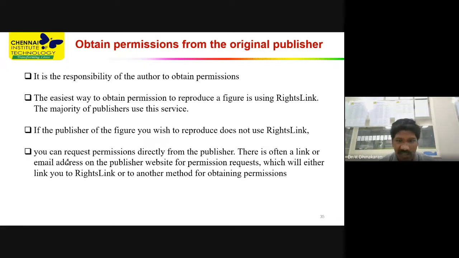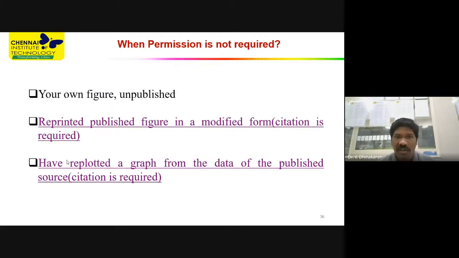any journals. Okay, so let me explain when permission is not required. If you use unpublished work, then you do not need to get permission from others. If you are reprinting a published figure in a modified form, then citation is not required. Someone might have given some figure in their research article.